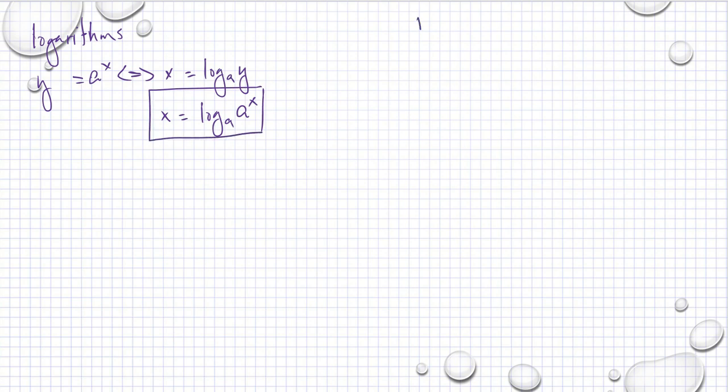In natural logarithm, ln, I'm going to use ln now, we have y is equal to e raised to x. I'm going to follow the definition there, if and only if x is equal to logarithm of y with the base e.